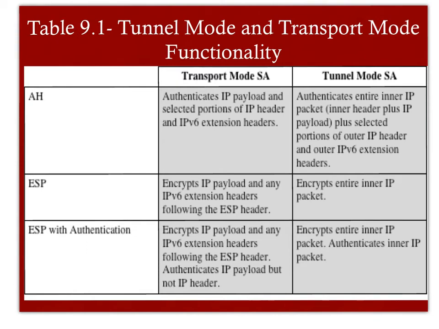So for AH, which is for authentication, in transport mode, security association, sorry, we'll talk about security association in a minute. The authentication includes the IP payload and the selected portion of the IP header. This is for authentication, not for encryption.